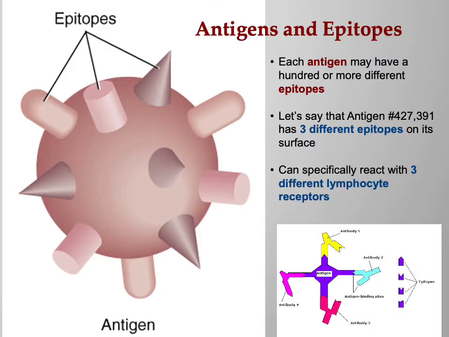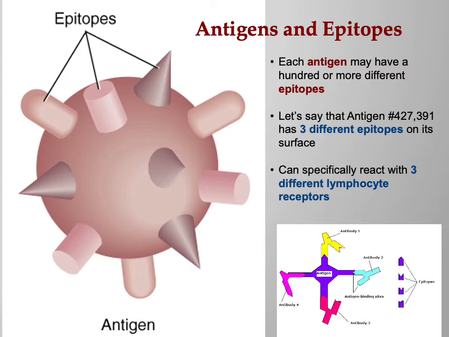Okay, so antigens and epitopes. Here we see an antigen, all right, that whole big tennis ball-like thing. And each antigen can have several epitopes. The epitopes here are the cones and the cylinders and the whatever those other things are. This particular antigen might be polio, it might be measles, it might be coronavirus, it might be anything. But the antigen can have different epitopes on it.